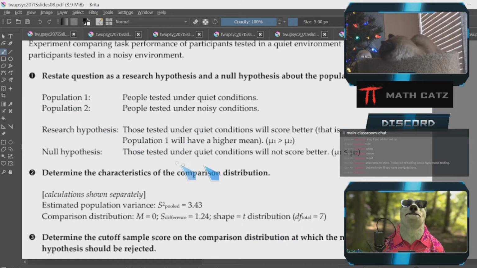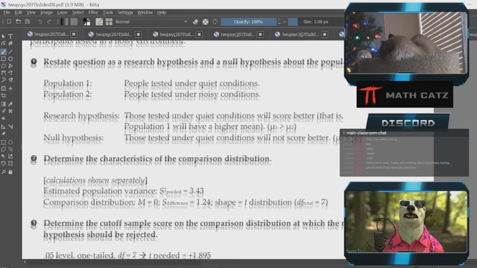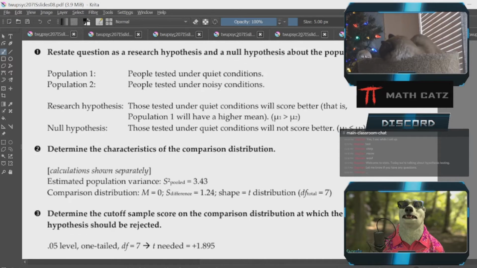Now, I'm not able to draw very well with my mouse. However, we've seen it before. The idea is similar. Before we get to a diagram, let's just finish this. So let's choose 5% alpha. It'll be one-tailed because we're only looking for an improvement. The needed t-score, the t cutoff.